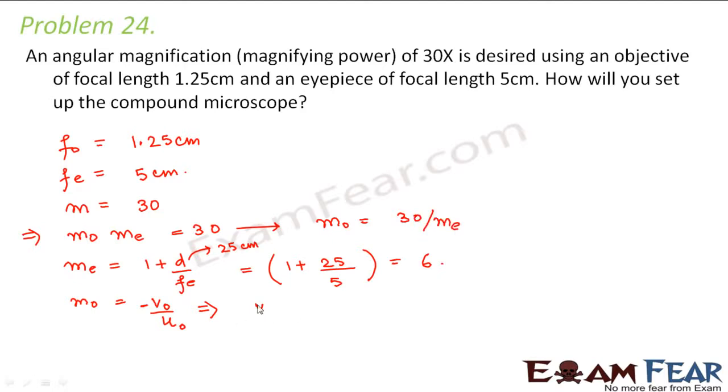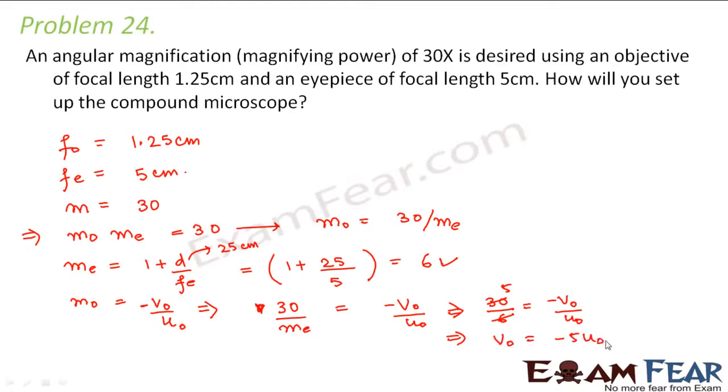So we can say here MO is equal to 30 divided by ME, which is equal to minus VO by UO. What is ME? ME is 6. Therefore we can say 30 by 6 is equal to minus VO by UO. So from this we get VO is equal to minus 5 UO.